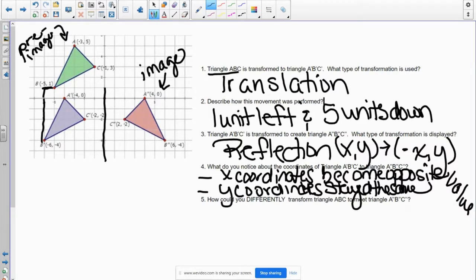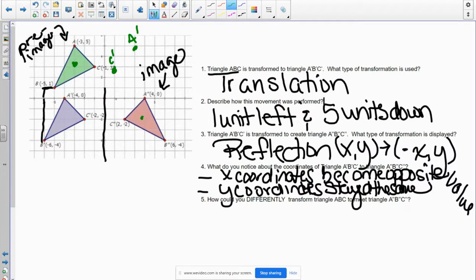How differently could you transform it? Well, if I thought about this, not that I could go to the purple, but if I'm going from just the pre-image down to the image, how else could we do it? Technically, you could reflect it first and then translate it. If we reflect it first here, -1 changes to 1, 3. -3 changes to 3, 5. This would be A prime, C prime.